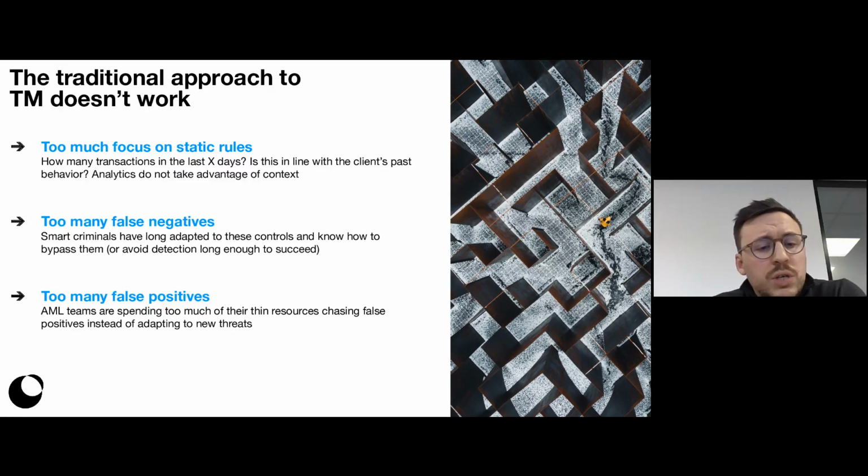It also generates too many false positives, meaning that if you cast a net that is too large, you might generate too many false positives, and ML teams are spending too much of their thin resources chasing false positives instead of adapting to new threats and taking time to properly analyze the real threats.